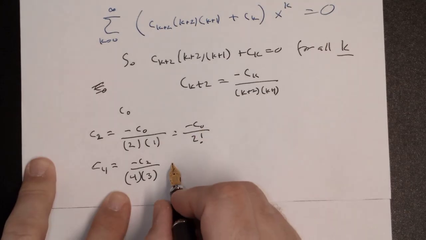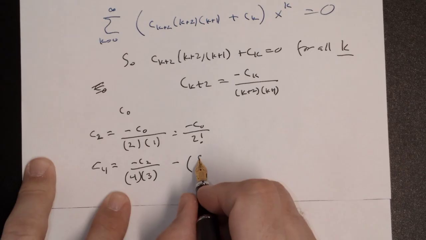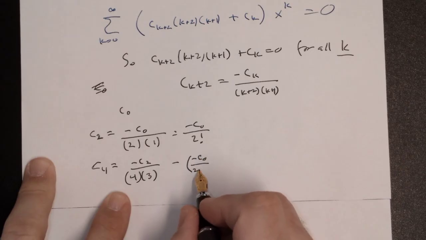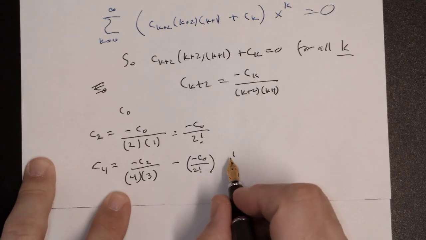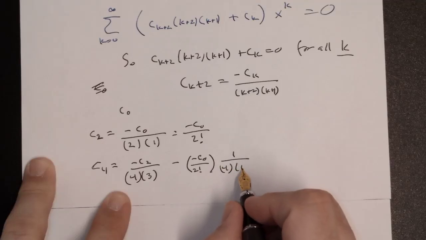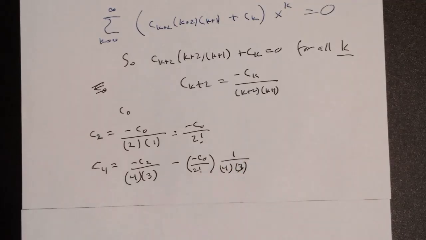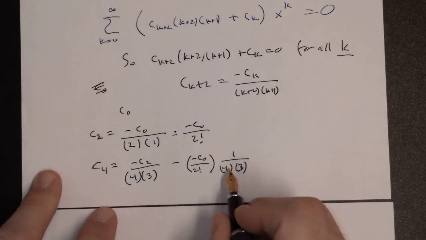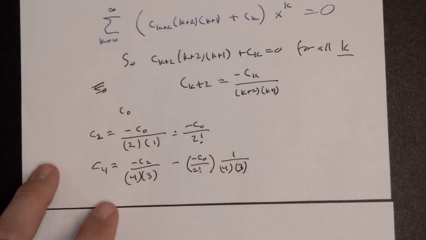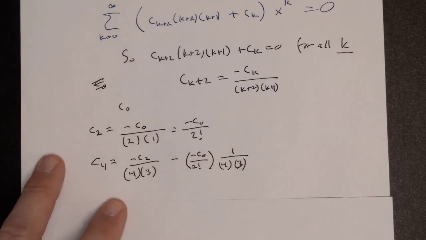So that's the same as negative C0 over 2 factorial, and then it's times 1 over 12, right? Wait a minute, negative times negative becomes, and then I've got 4 times 3 times 2 times 1. Isn't that bottom now 4 factorial?